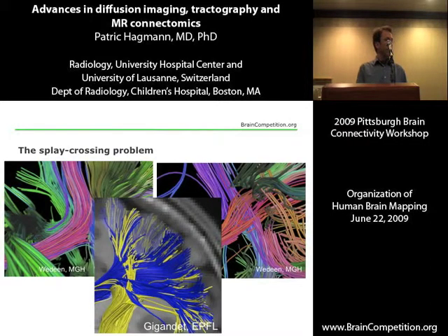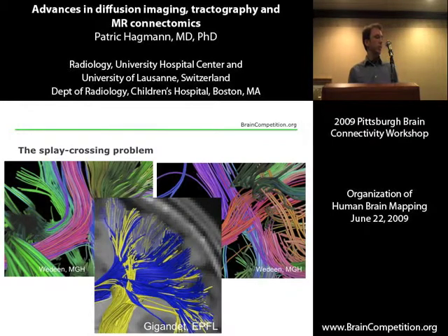So when we consider this splay crossing problem in the brain, I'm just going to give you an example of how different results are going to look depending on the imaging technology and the tractography method. On your left side, you have a reconstruction of the centrum semiovale with DTI and standard streamline tractography, and we easily identify here the U-shaped corpus callosum.